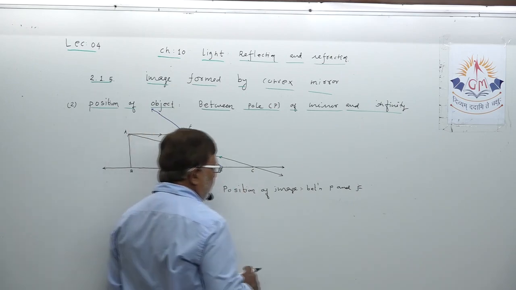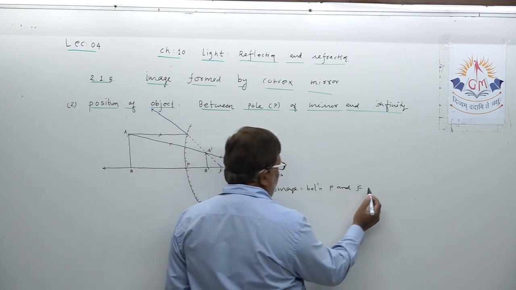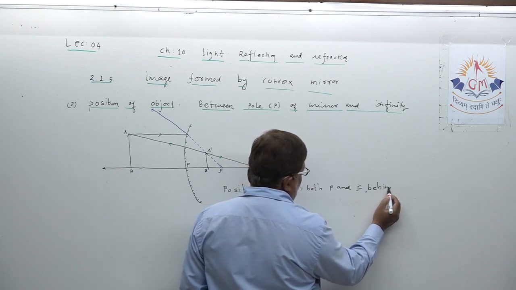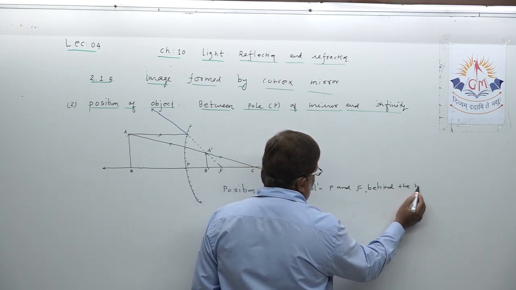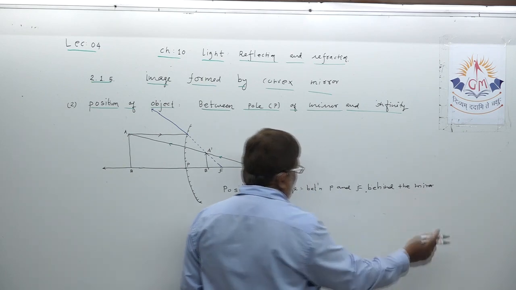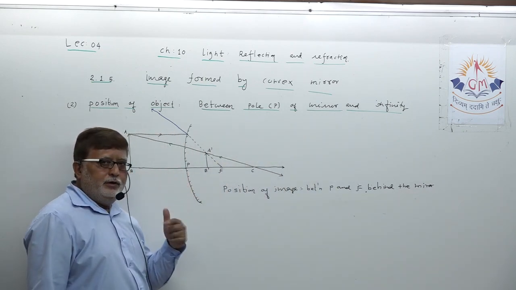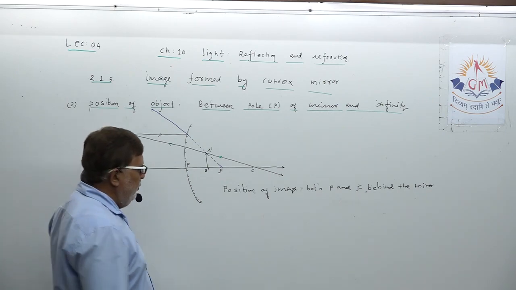Understand? Here you have to mention, dear student, one thing: behind the mirror. Why? It is very important. Behind the mirror. Because between P and F, you can't just simply mention. It is obtained behind the mirror.